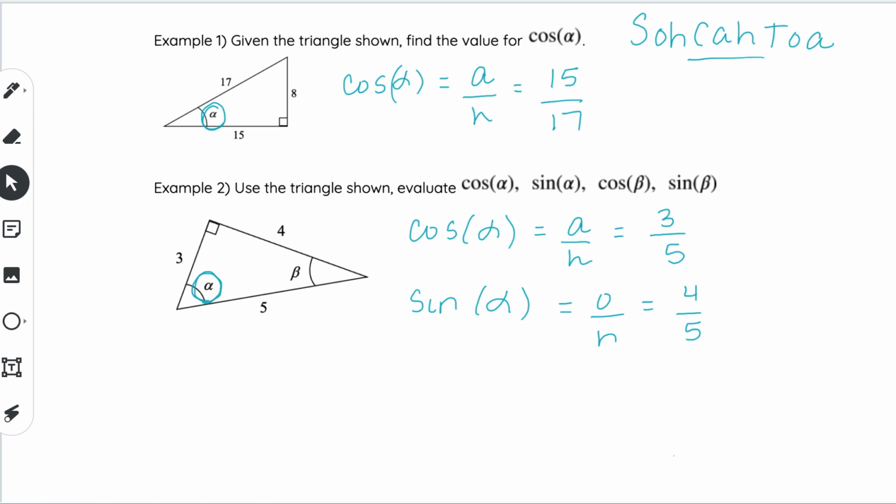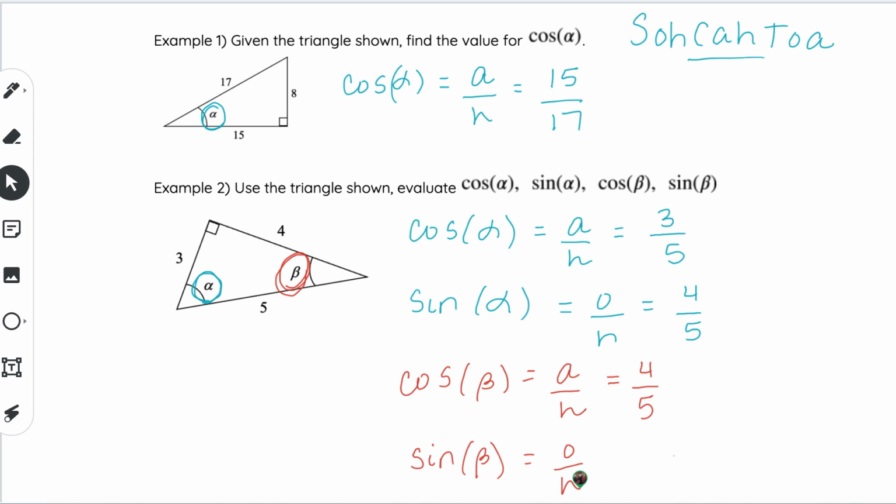Switching viewpoints then, let's turn our attention to beta. Cosine of beta is still going to be adjacent over hypotenuse, except now the adjacent side is 4, but the hypotenuse is still 5. And sine of beta is still going to be opposite over hypotenuse, except the opposite side is 3, but the hypotenuse is still 5.